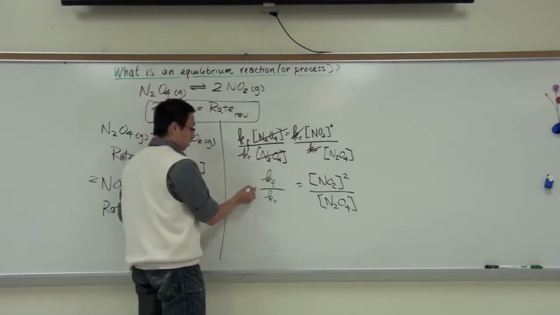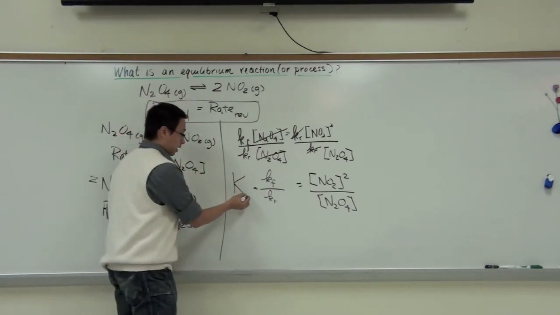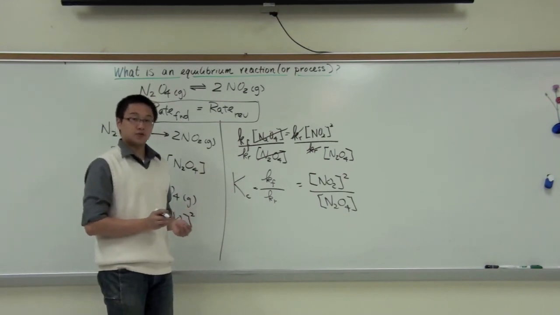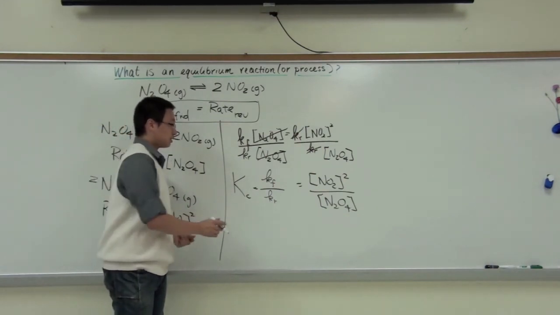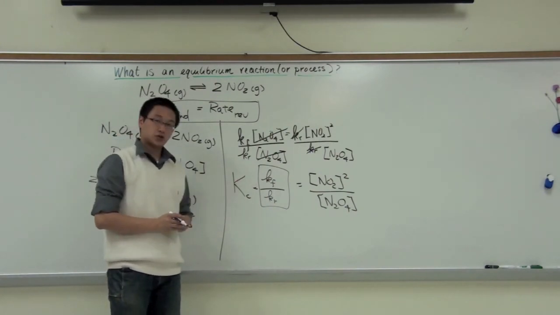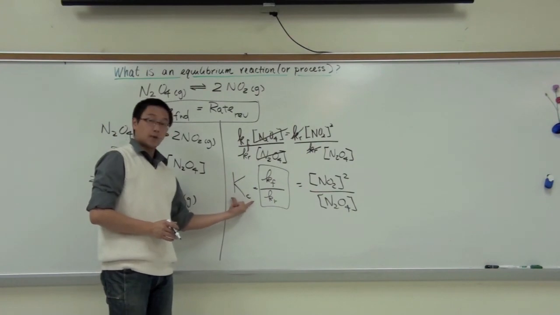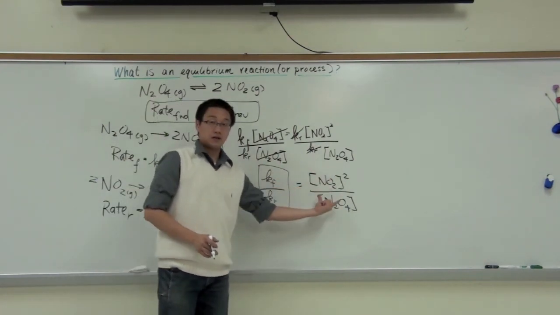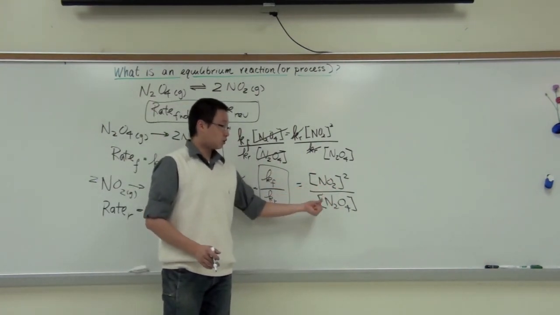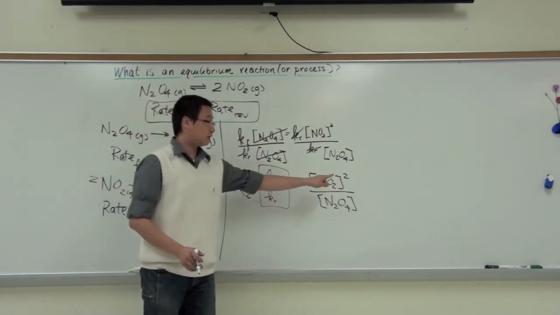So we are going to have a big constant, the capital K, with a subscript C to stand for this fraction of the reaction constants. And this is how we get the equilibrium constant, and this is how we get the equilibrium expression as the product over the reactant, and this is how we get the coefficient to be the exponent.